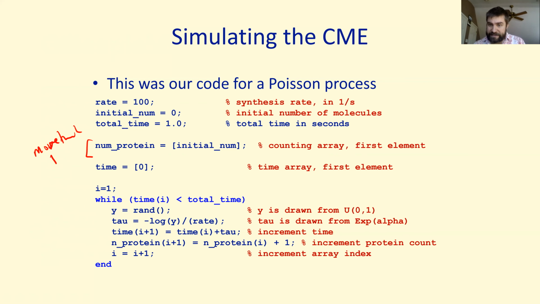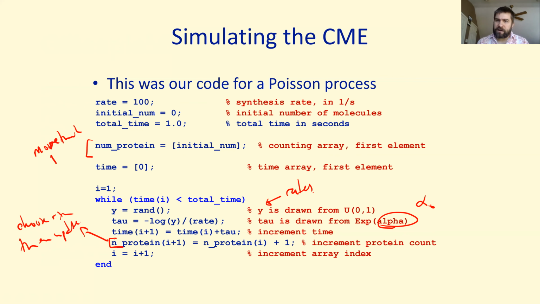Instead of using just alpha, we're going to want to use alpha naught, which means we have to add a computation of the rates in here before doing that, right? And instead of just having a simple update of one molecule, what we're going to expand this into is to choose reaction and then update the numbers. Right? But the basic structure will be the same, simply expanding on the Poisson process.